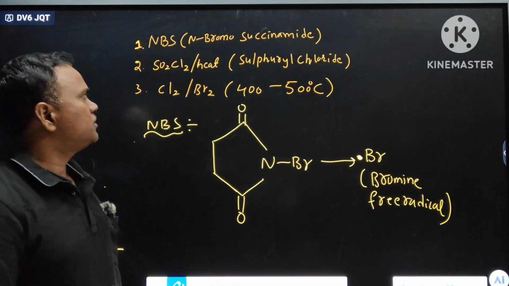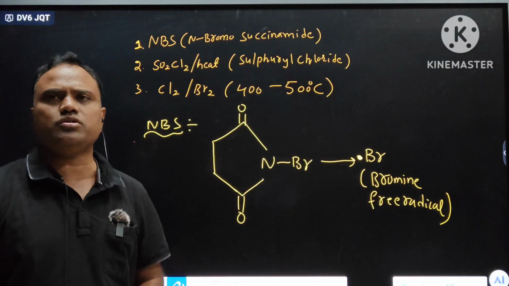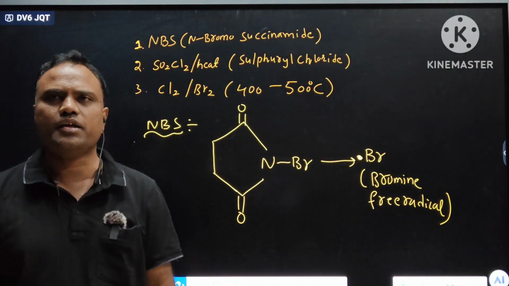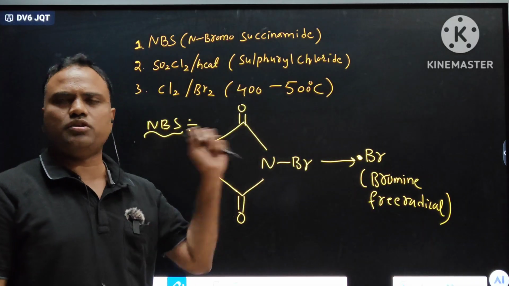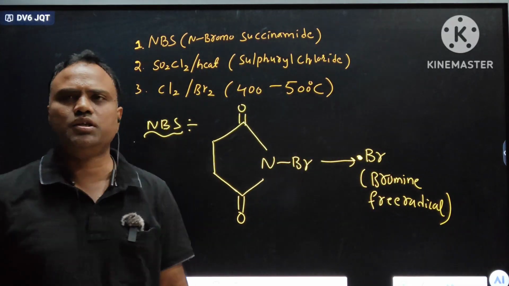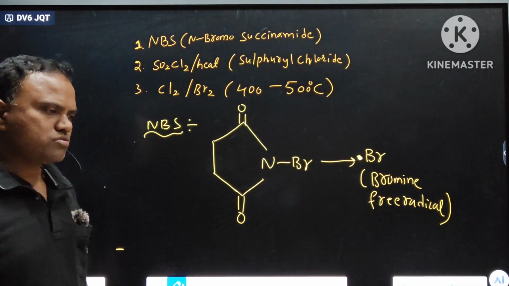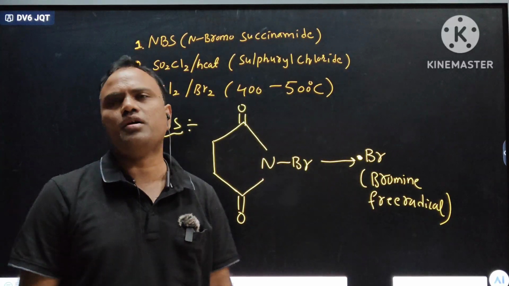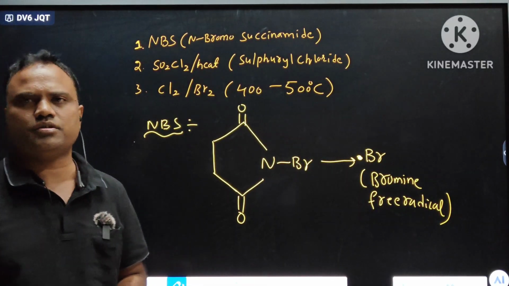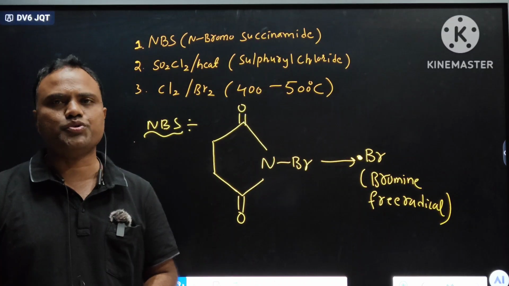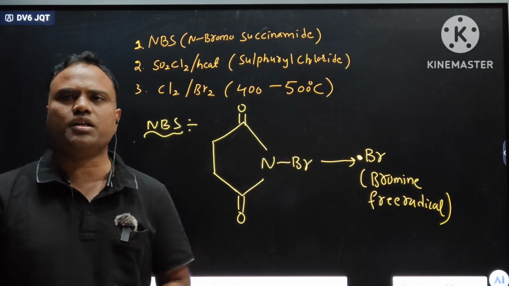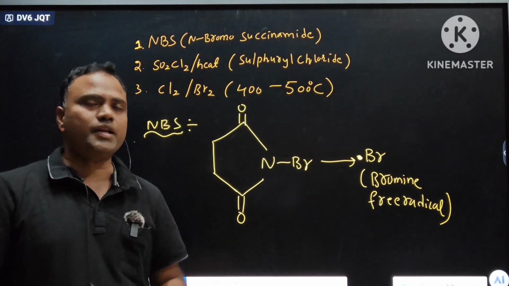Similarly, SO2Cl2 also releases a Cl radical. Cl2 or Br2 at 400 to 500 releases radicals. So a free radical mechanism is involved in this. This comes under free radical substitution.